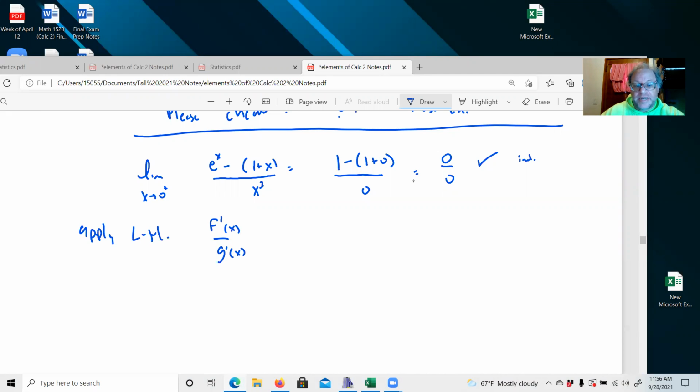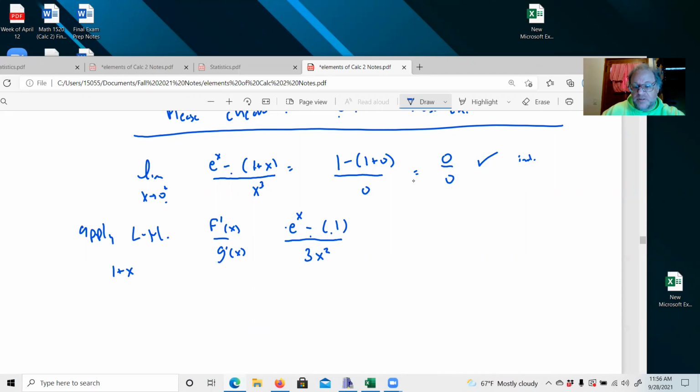So we end up with the derivative of e to the x, which is e to the x, minus the derivative of 1 plus x. The derivative of x is just 1, and the derivative of 1 is 0, so we just have e to the x minus 1. What's the derivative of the bottom? 3x squared.